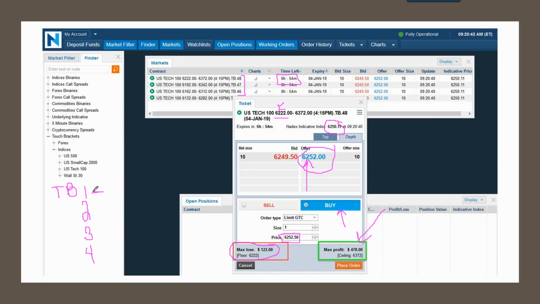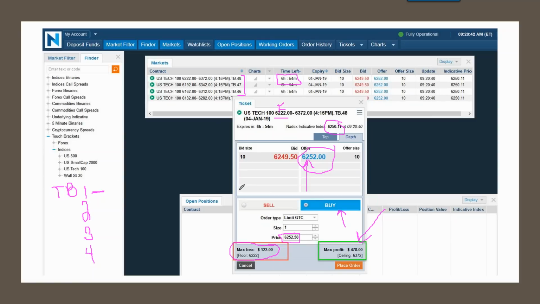Remember, it started at the number 1. Do y'all see that? So that tells me the market really moved a lot, because you're up to touch bracket number 48. Do y'all understand that? The more volatile the market is, more than likely the more touch brackets you're going to have.